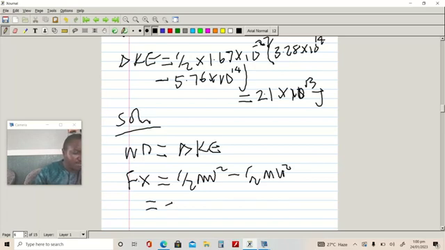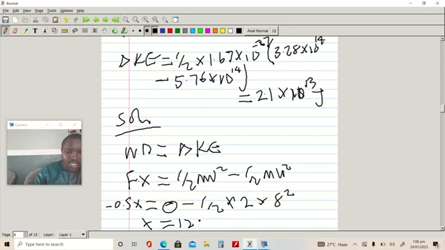F times x, they've given us to be minus 0.5 x, is going to be equal to 0 minus half mu squared, because v is equal to 0. So it's going to be half times m, which is 2 kg, times 8 squared. Then of course our x, if you do this, is going to be equal to 128 meters. So please try and play with that.